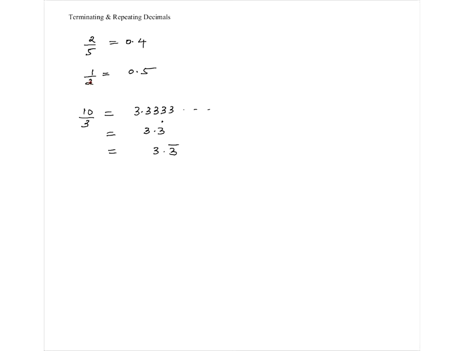The rule is that whatever is in the denominator, say P by Q, Q is in the denominator. Of course, first of all, write the rational number in such a way that there are no common factors.